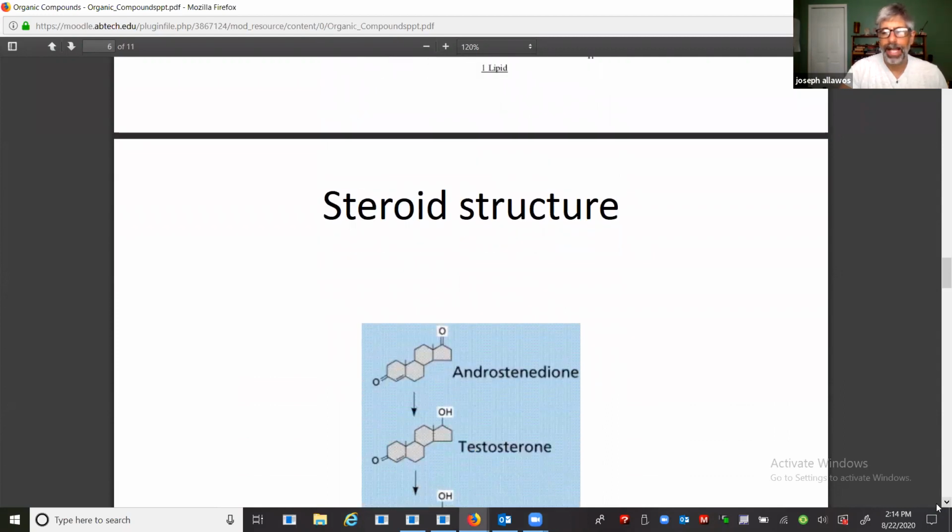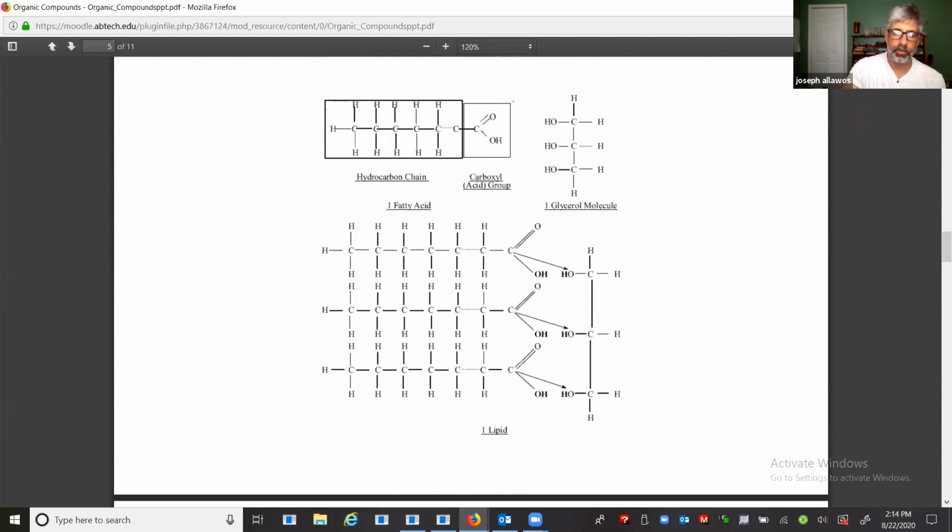Now, as far as waxes go, they have a pretty complicated structure, and we're not going to worry too much about them. What is the function of fats and oils? Fats and oils are for long-term energy storage, right? When you eat an excess of carbohydrate, your liver can ultimately turn it into fat and store it for a long period of time.